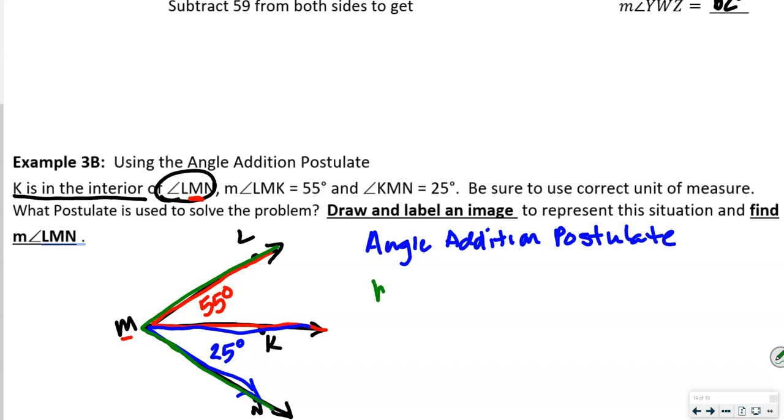If we're trying to find the measure of angle LMN, aren't we going to add together the two angles we have? So that's going to be equal to 55 plus our 25, right? So that's going to be equal to, that's 7 and 10, so that's 80, right? 80 degrees, okay? Does that make sense, everybody?